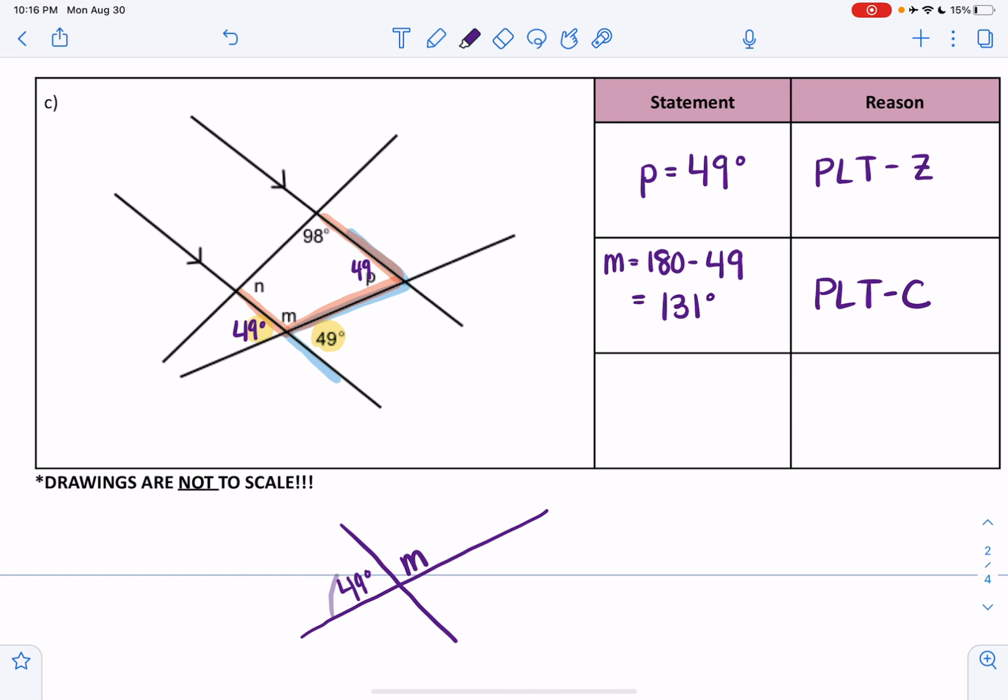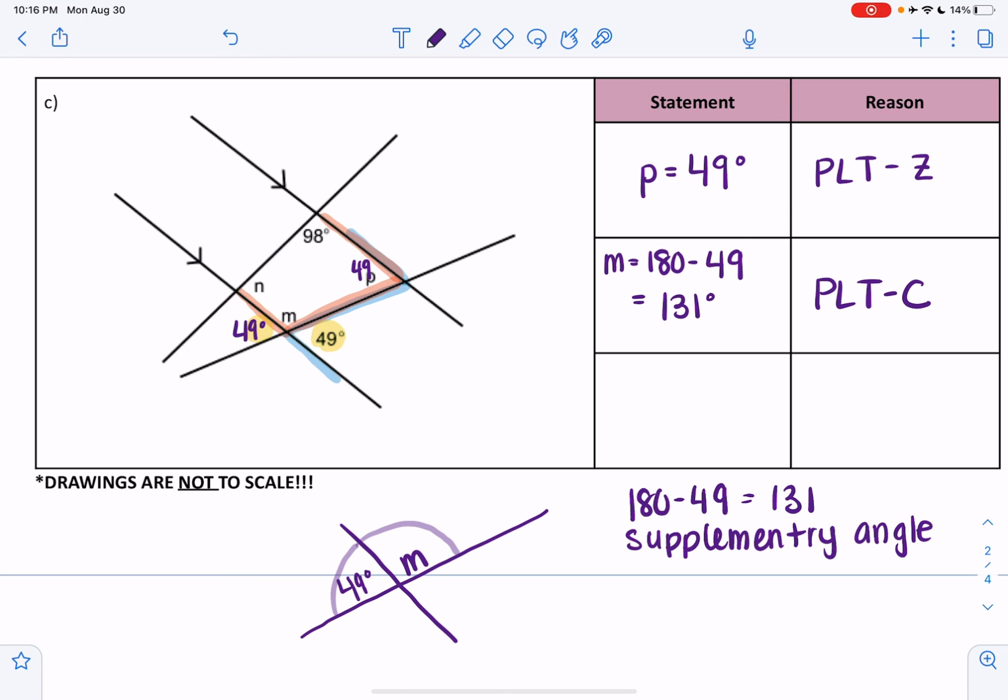So we used 49 to get to here, and then we used the rest to get to 180. We're at 49 so far. How much is left? In that case, I have 180 minus 49, which is 131. So you could have also used supplementary angles for M. That would have also been fine, but you can use C too.